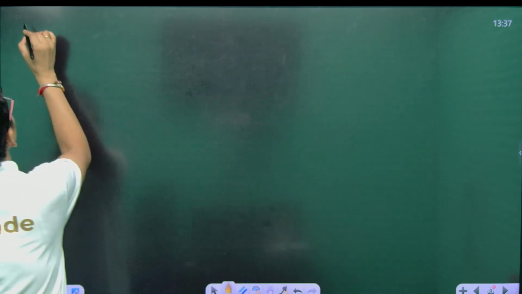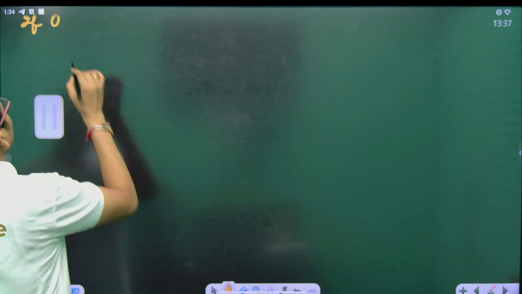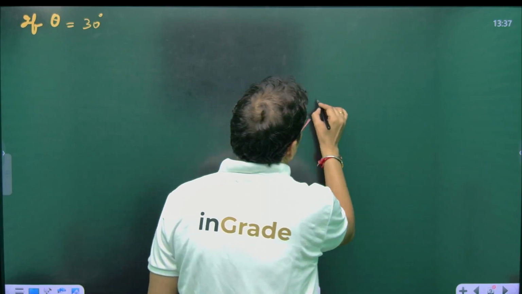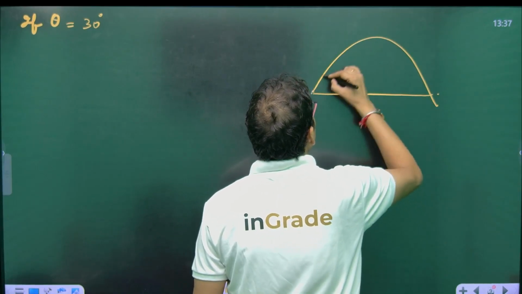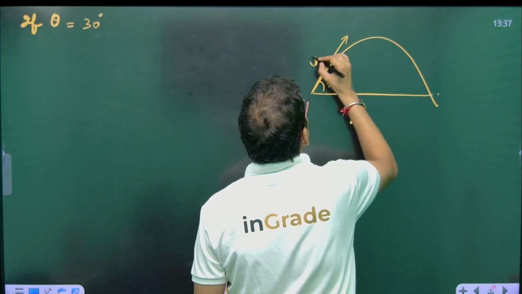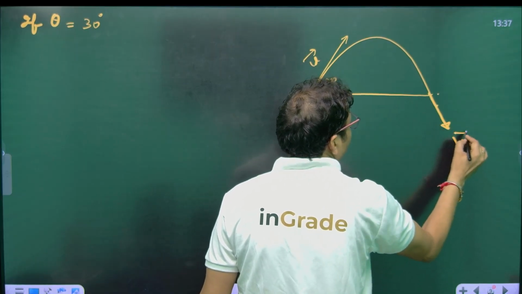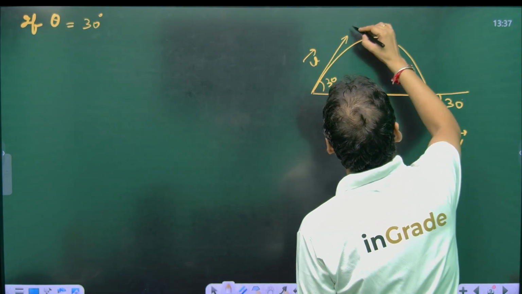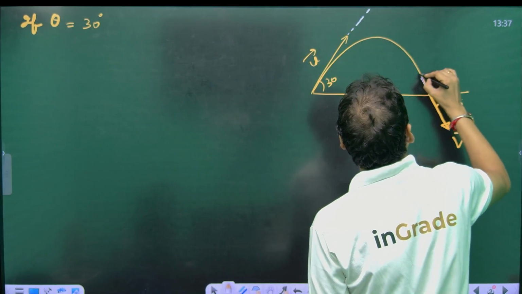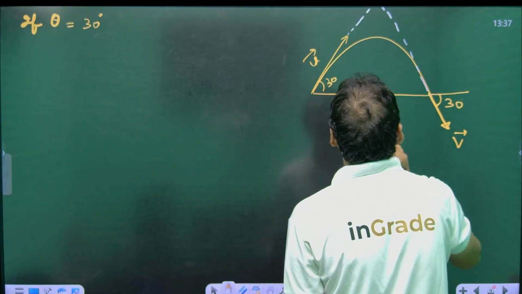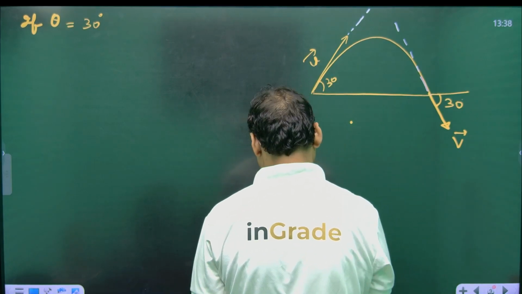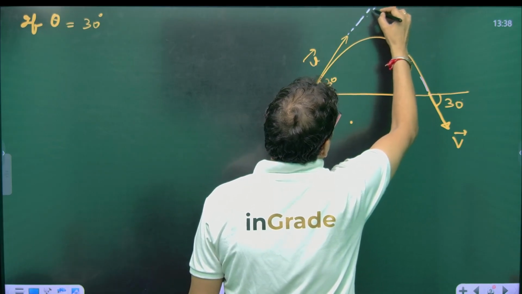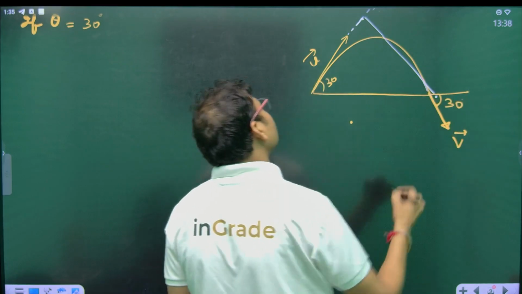Now if theta is equal to 30 degree, this is 30 degree, this is the direction of u, this is the direction of v, this will also be 30 degree, isn't it? So the angle between the initial velocity and the final velocity is like this.